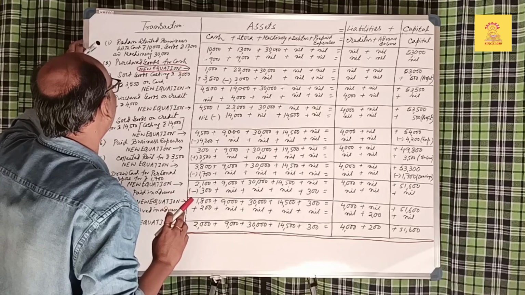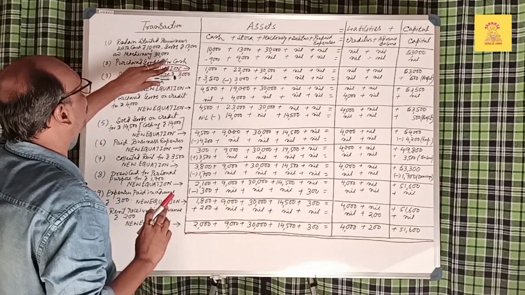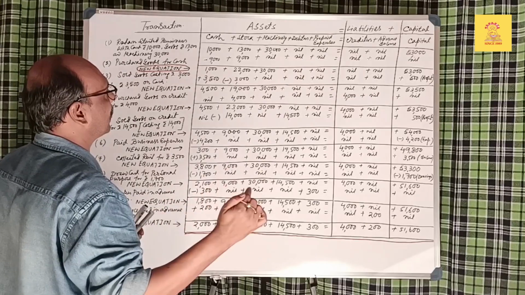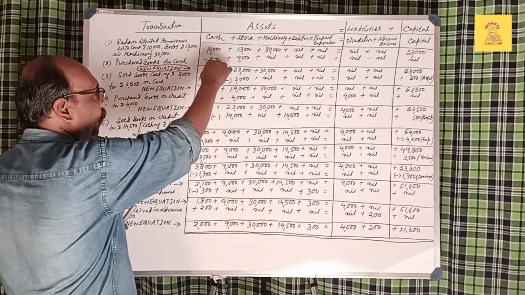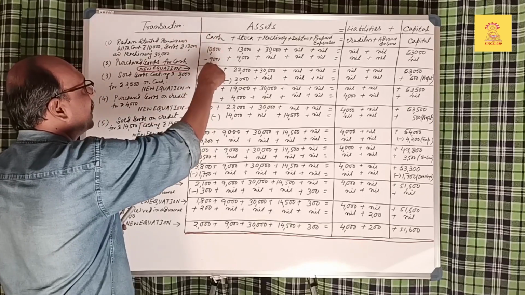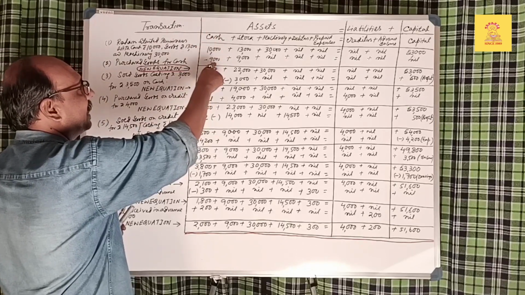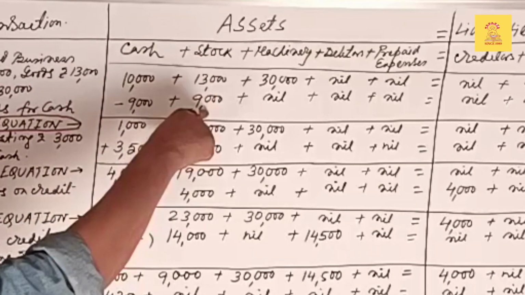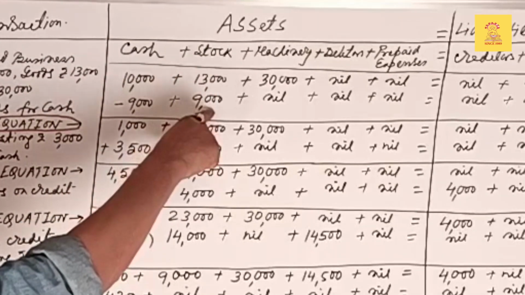Here the second case: purchase goods for cash. Whenever you have purchased something, it is a cash outflow. So cash has gone out from the business. That's why it is negative, minus 9,000. And there is inflow of stock, that's why stock is positive, plus 9,000.